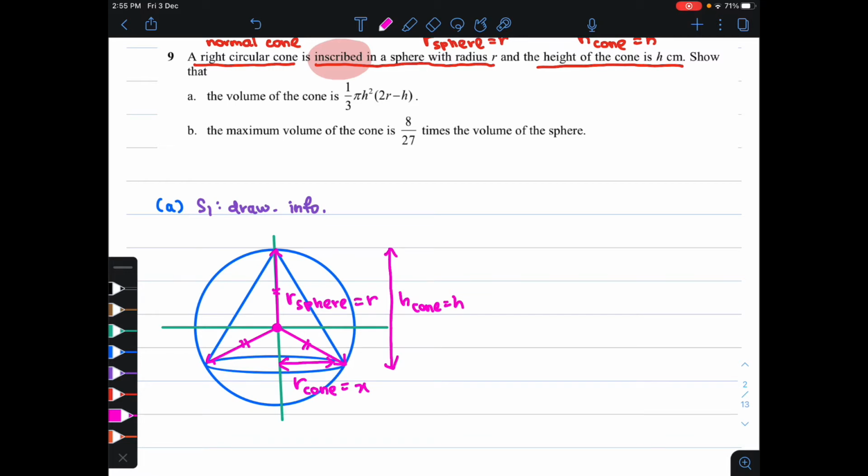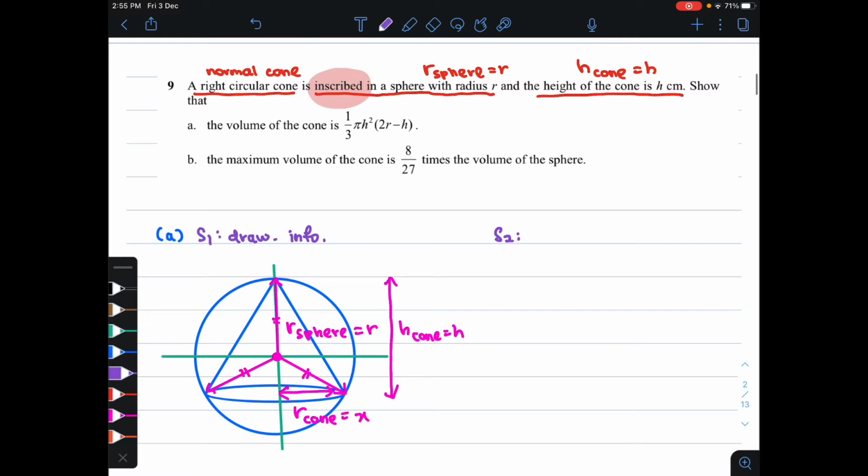So, sekarang ni kita masuk step yang kedua. Keluarkan equation. So, kita mahu volume of cone. And volume of cone is 1/3 pi r squared h. Okay. So, just be careful. This is volume of cone.